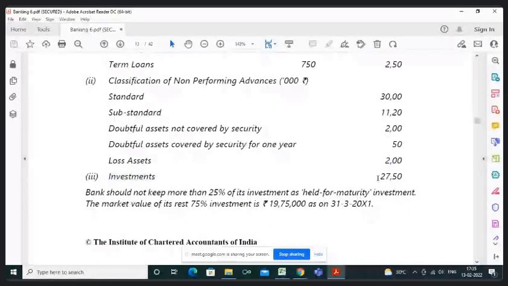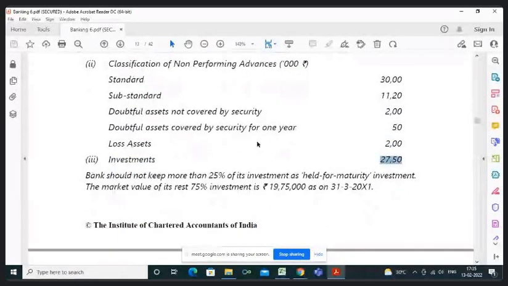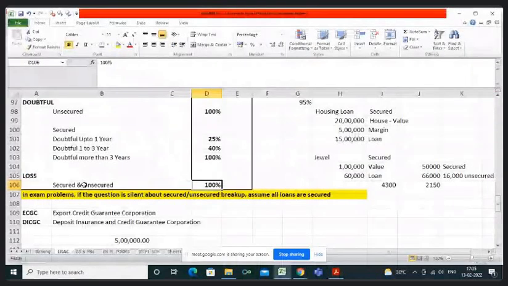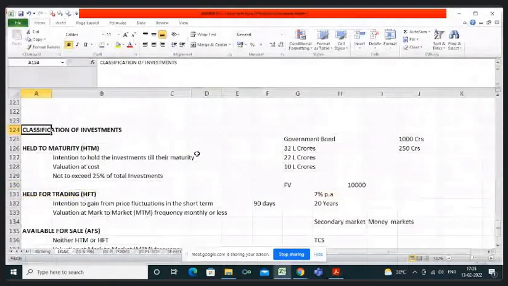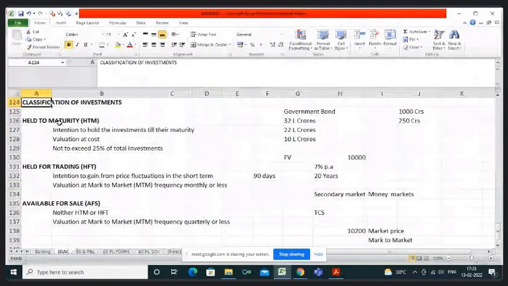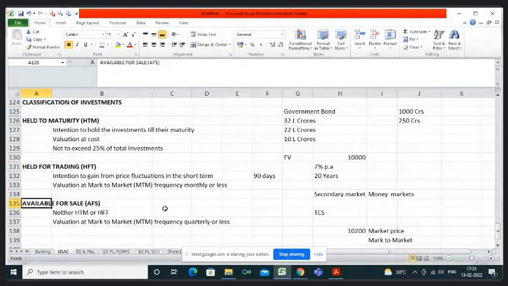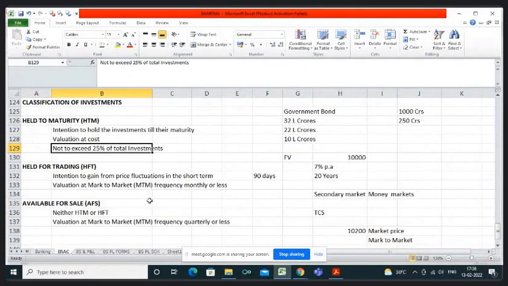Investments total 2750. Now we should recollect what we have studied about investments. Investments, we have studied, should be classified as held to maturity, held for trading, and available for sale. 3 different buckets. And held to maturity should not exceed 25% of total investments, and the valuation is at cost.